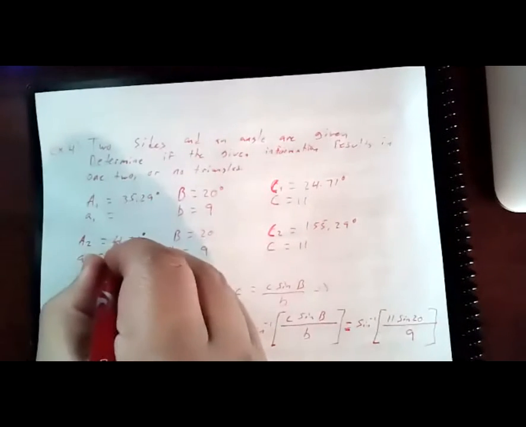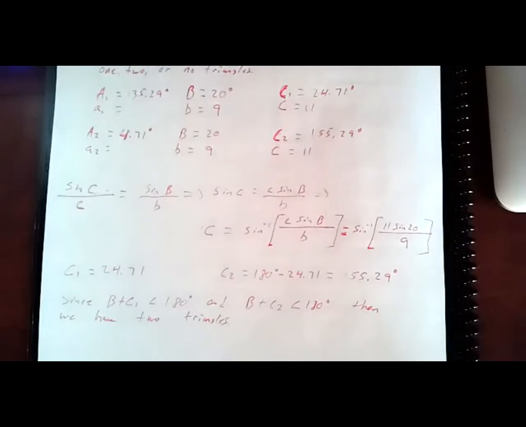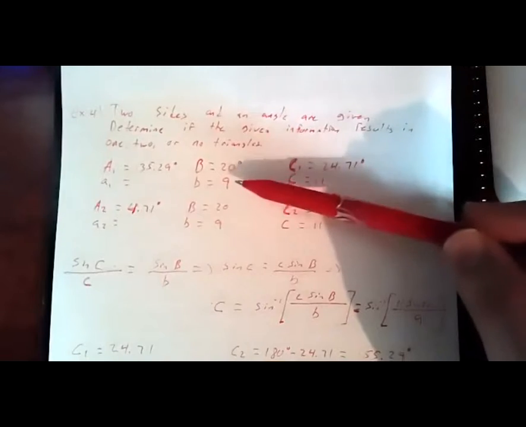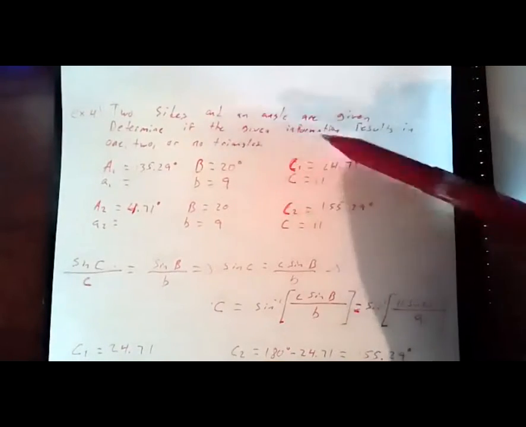So we're almost done. Do you guys have any questions so far as to what we just did? You said you weren't going to give us the second B's and stuff, right? But how did you know B was 20 and little b was 9? So this was given to us: B equal to 20, little b equal to 9, and little c equal to 11.